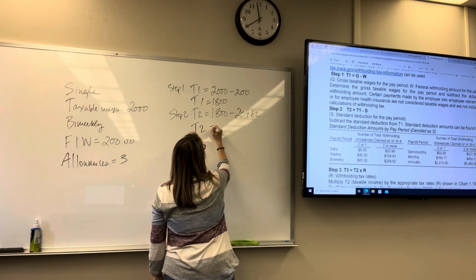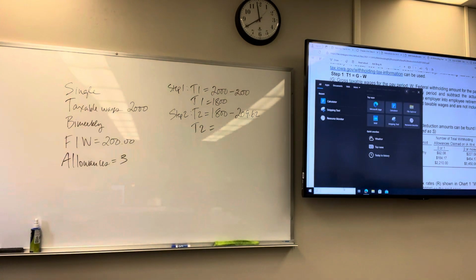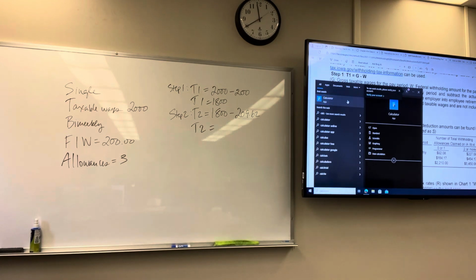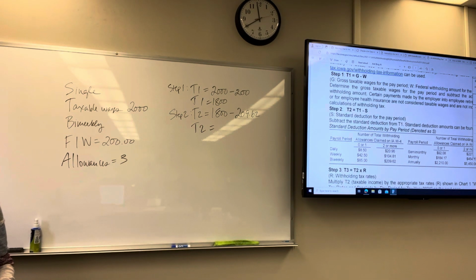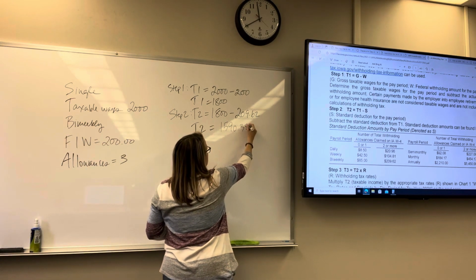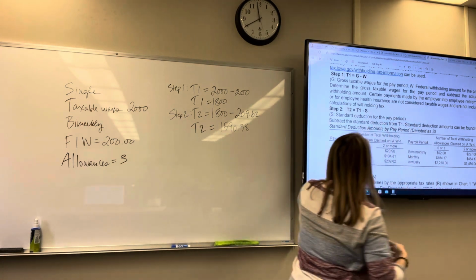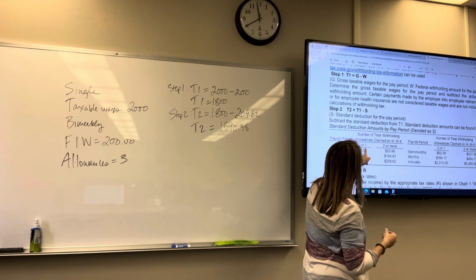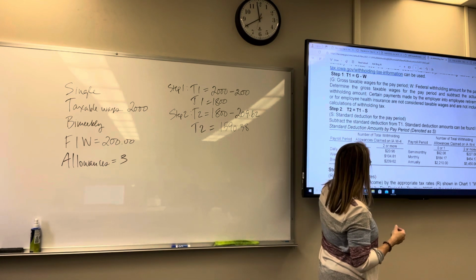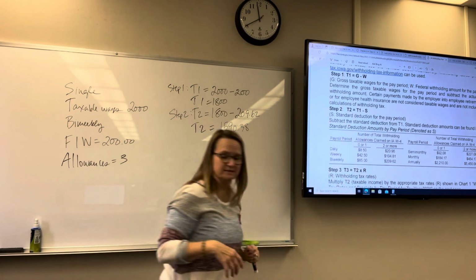So T2 is $1,590.38. Again, I found the pay period, and then looking at the number of allowances, if we had 0 or 1, we would subtract 85. If we had 2 or more, we're subtracting the 209.62.